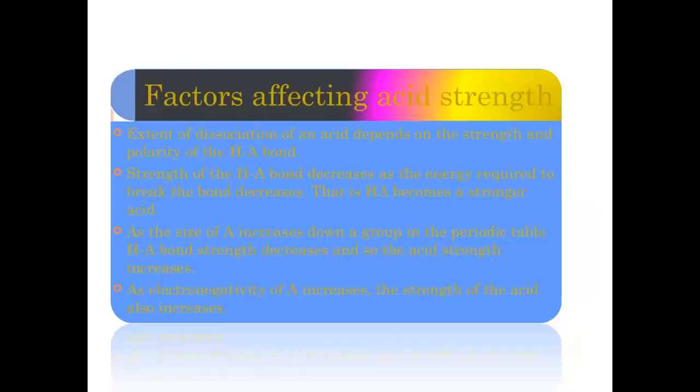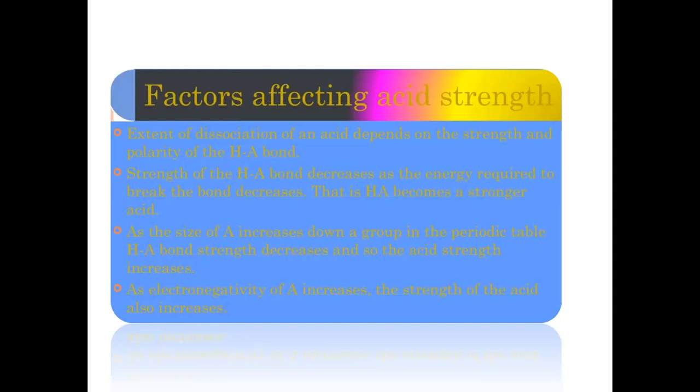Now, what are the factors affecting the acid strength, students, right? It depends upon the extent of dissociation of an acid. The extent to which the acid will break, its strength, depends on the polarity, students. The strength of any bond, suppose we have an HA bond, decreases as the energy required to break the bond decreases, right?